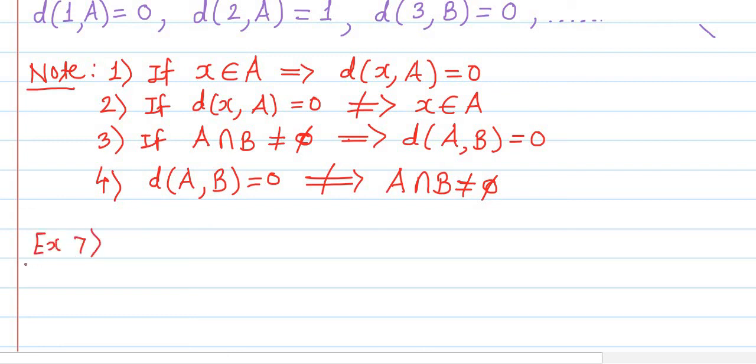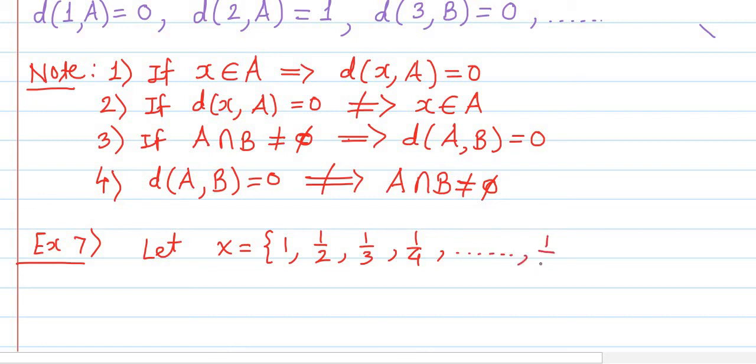Example number 7. Let X be the set having members 1, 1 by 2, 1 by 3, 1 by 4, and so on, 1 by n, and continued.